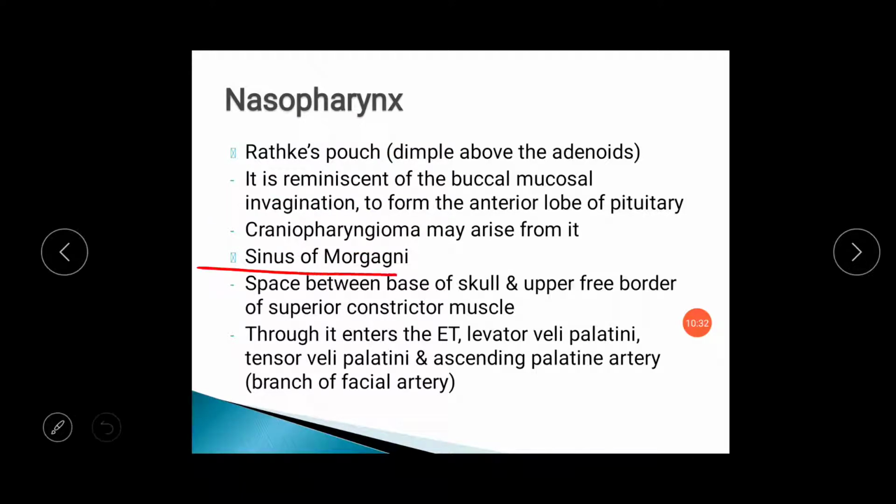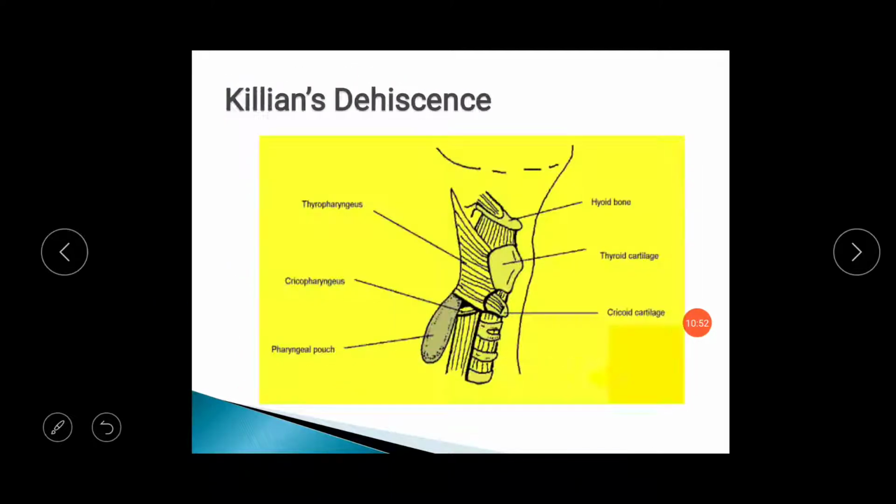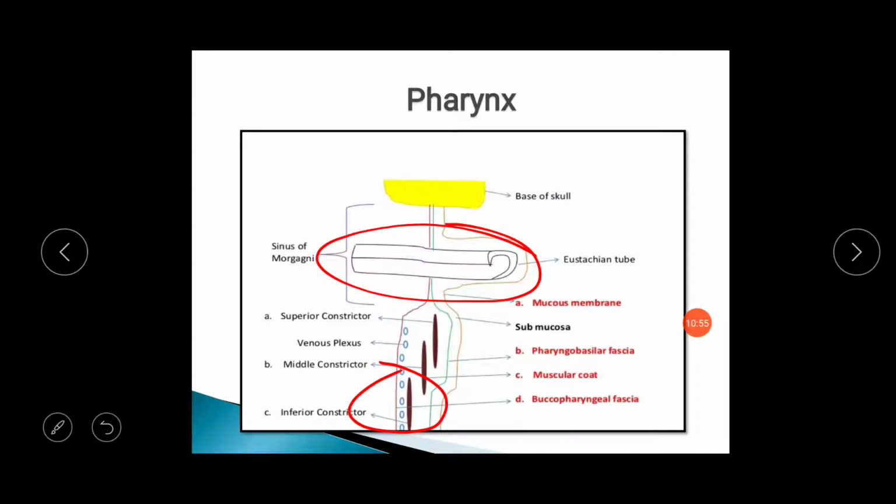Sinus of Morgagni is a space at the base of skull and free border of superior constrictor muscle, and it transmits the eustachian tube, levator veli palatini, tensor veli palatini, and ascending palatine artery, which is a branch of facial artery. We have previously seen in the anatomy of pharynx that the eustachian tube and the muscles usually pass into the pharynx and pharyngeal musculature.